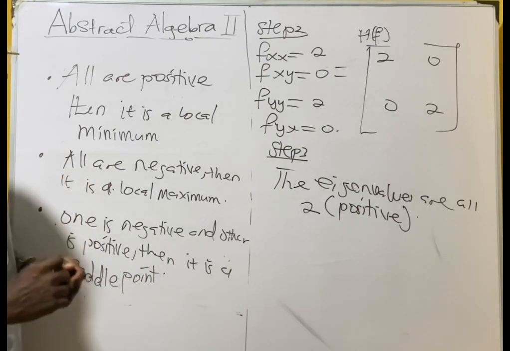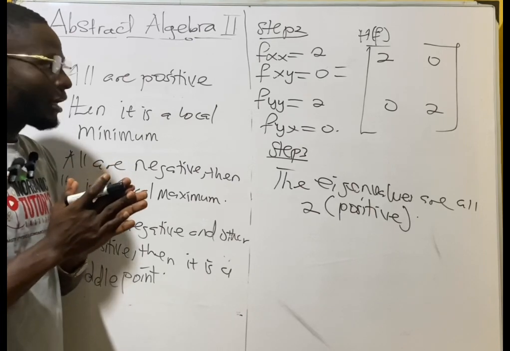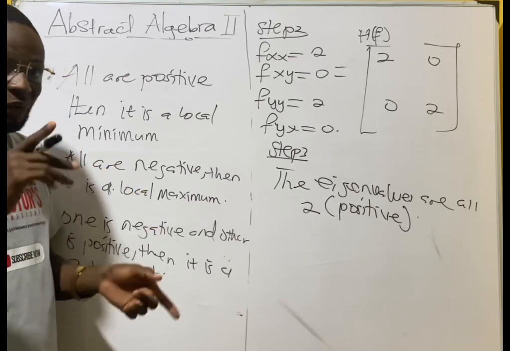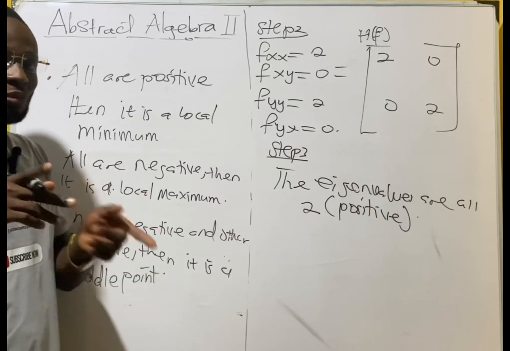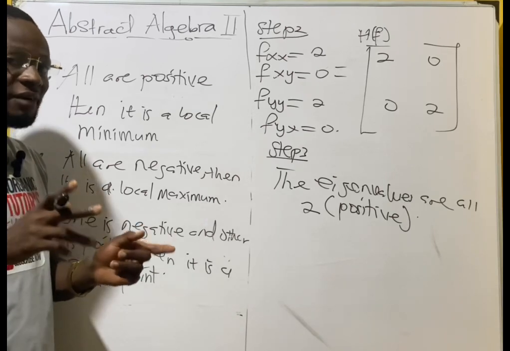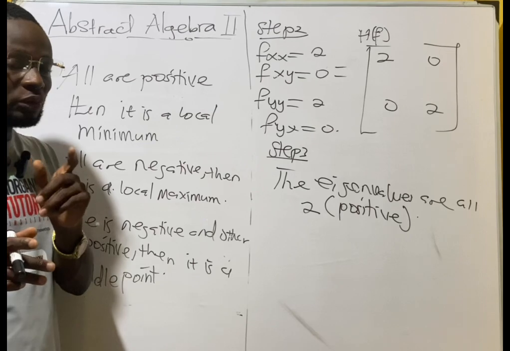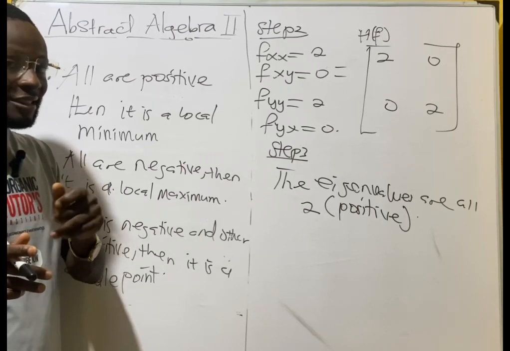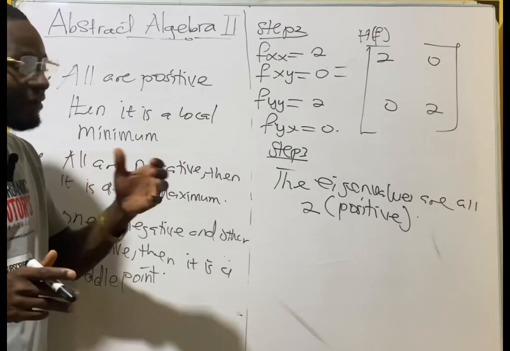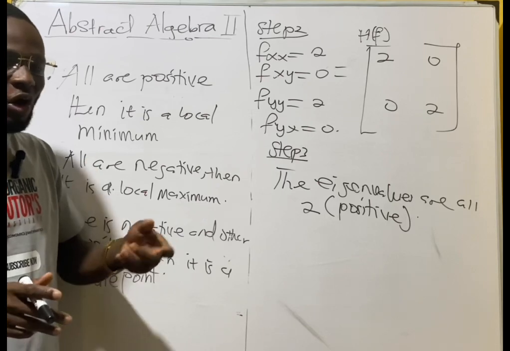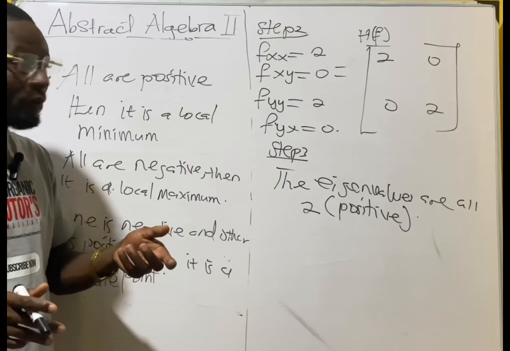Okay, but if you have one to be 0 and the other to be non-zero, or if you have all to be 0, then you cannot conclude, it's inconclusive, right? So you have to do further follow-up, right?